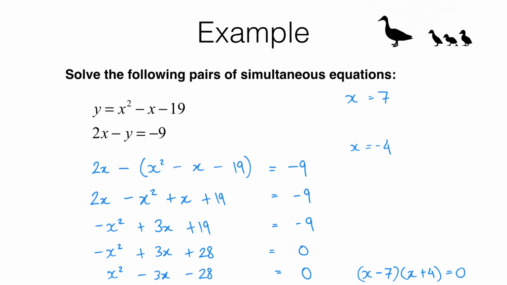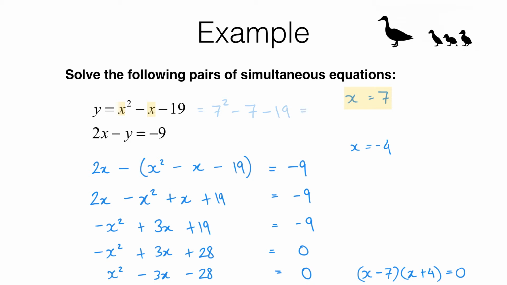To find the corresponding y values to each of these x values, we need to substitute these x values into one of these equations here. It doesn't matter which one, but I'm going to go with the first one. So if x equals 7, then y is going to equal 7 squared minus 7 minus 19.